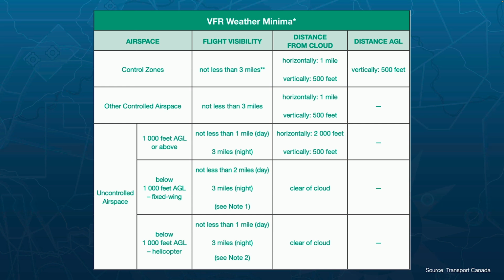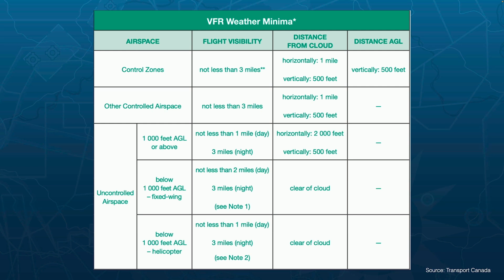Now if you get into uncontrolled airspace, it differs slightly if you're 1,000 feet AGL or above, versus below 1,000 feet. Most of the time you'll probably be above 1,000 feet, and that minimum visibility is 1 mile during the day, and then 3 miles at night.